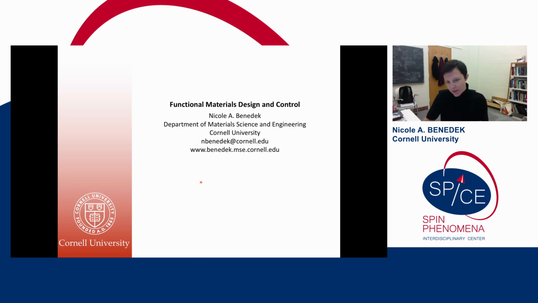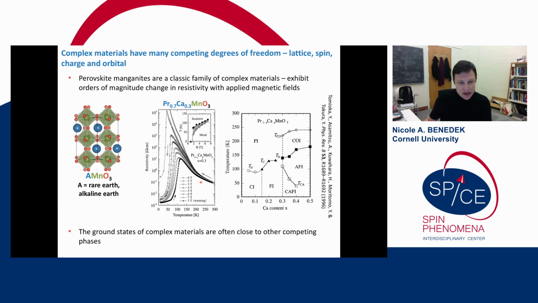For the first part of my talk, at least, I'm going to keep the discussion pretty high level. I know there are people from a few different communities, so I just want to make sure that everyone stays on the same page. The Perovskite manganite family has this crystal structure, which we're going to be seeing a lot throughout my talk.